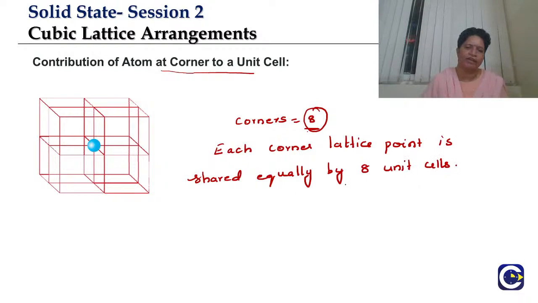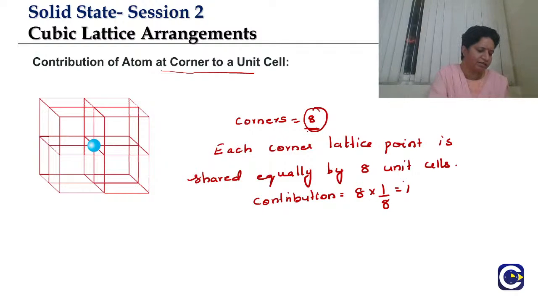So if it is shared by 8 unit cells, what will be the contribution for that unit cell? The contribution will be 8 into 1 by 8, which is equal to 1. Just understand this calculation, then we can see the three-dimensional element.